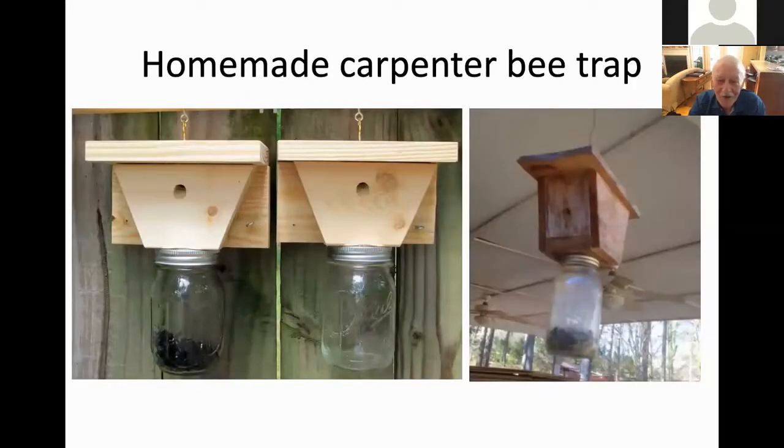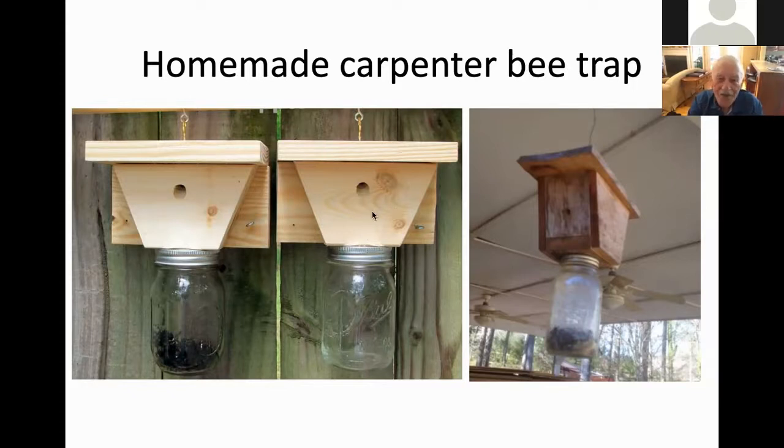And then I wanted to also share something that's worked very well for us, a carpenter bee trap, which I've now seen at places like the big box stores and even others locally, Koffers. All it is is a little wooden box with a 1/2-inch hole, and the hole is sloped slightly uphill, and a glass jar is attached to the bottom, and that glass jar has a hole through.